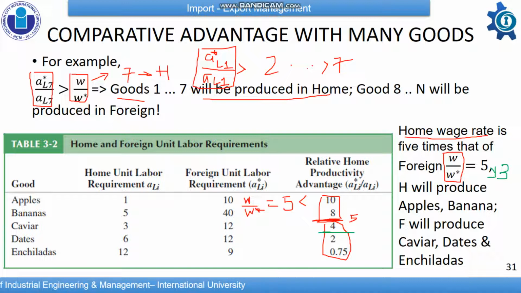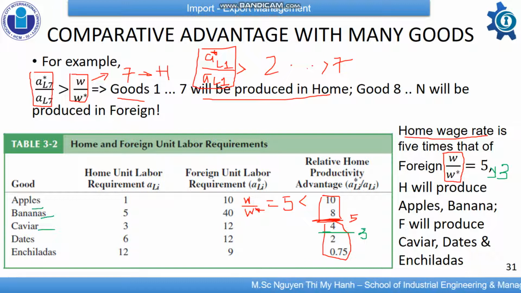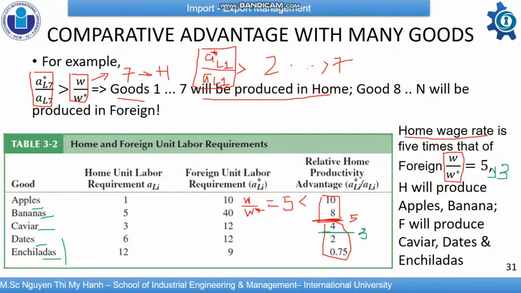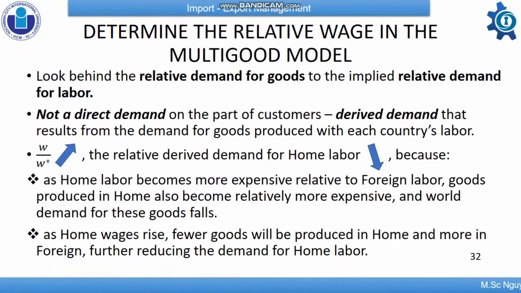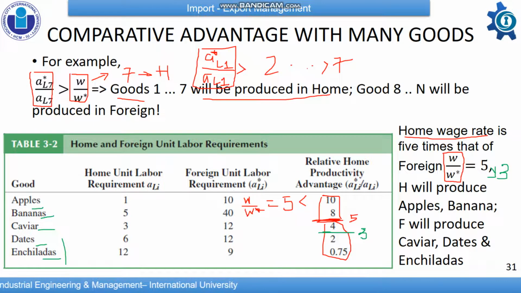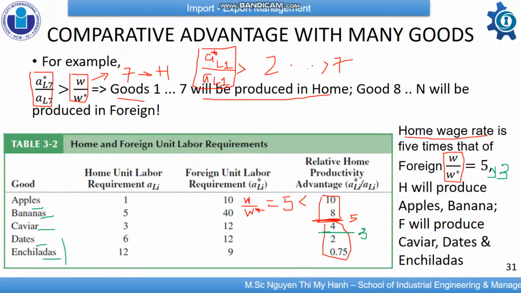So we conclude that the home country will produce apple, banana, and caviar, and dates and enchiladas will be produced in the foreign country. So based on the relative wage in home to foreign country, we can determine what kind of product will be produced in which country.